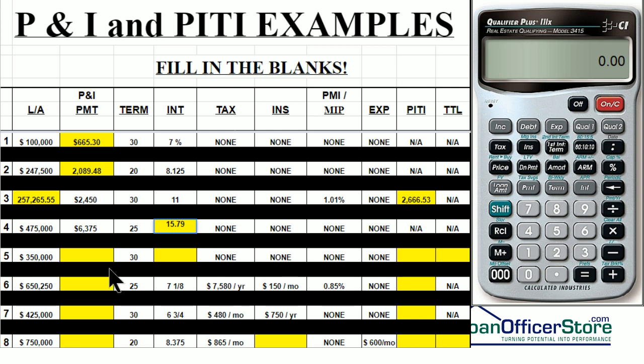All right, number 5. Number 5 is kind of a tough one. I can't see you guys, obviously, but you'll know, and you can say whether or not you struggled with getting the answers for this particular example. Now, some of you may have come up with answers in the P&I and the interest, and then you came up with a PITI and a total.